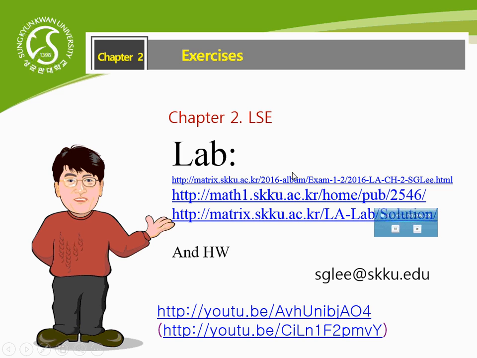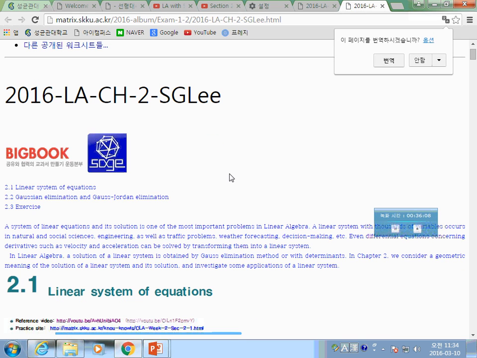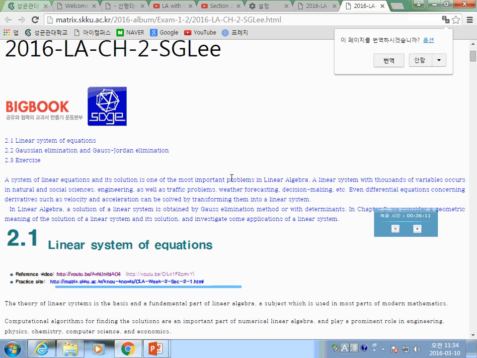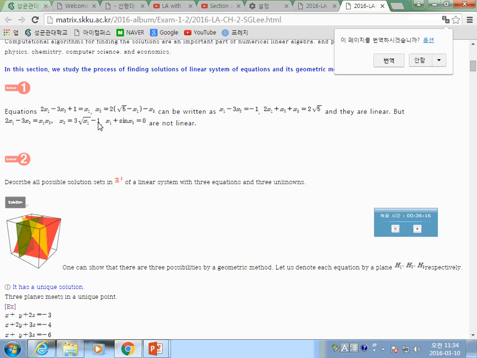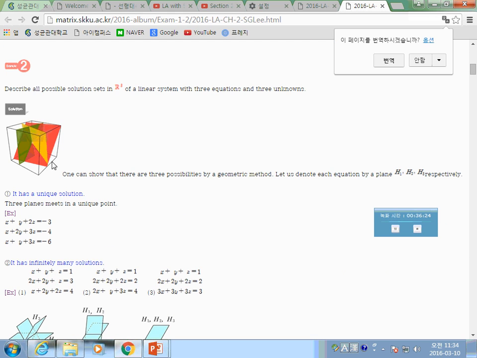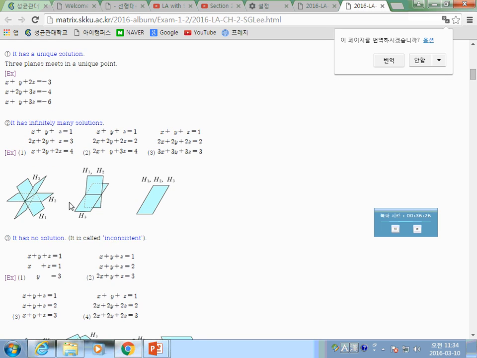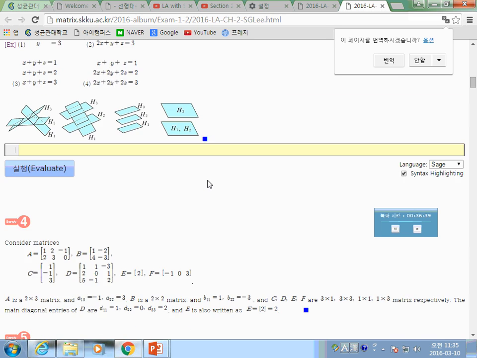Now we can review the chapter that we have covered. Linear systems of equations. We have seen example 1, which distinguishes what is a linear equation and what is not a linear equation. This is an example that has a unique solution, and these are the 3 examples that have infinitely many solutions in R3, and these 4 examples are the cases which have no solutions in R3 when you have 3 equations.